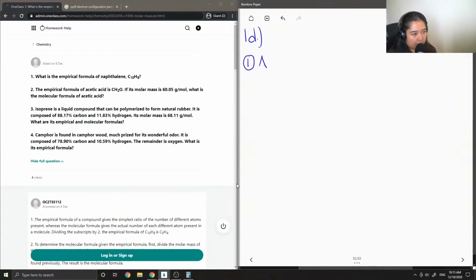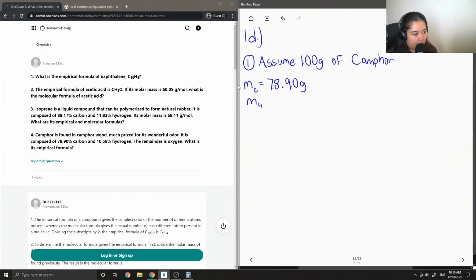So step 1 is to again assume 100 grams of camphor. If 78.9% of camphor is carbon, then the mass of carbon in 100 grams is 78.90 grams.